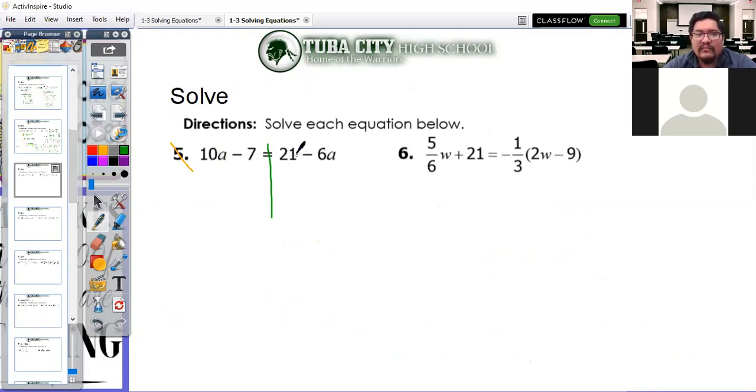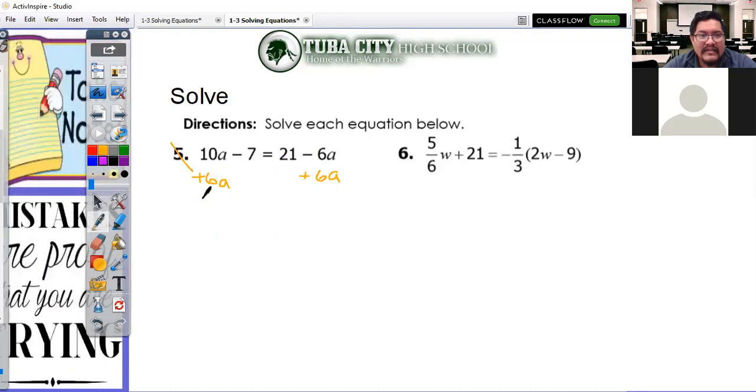Same is true with this side. So we can't really do that. We have to move over to step number 3, and that is to move the variable to one side. And like I said, it's usually best to move it to the left. So that's what I'm going to do. In this case, it works out great because my variable stays positive and it's now on the left side.